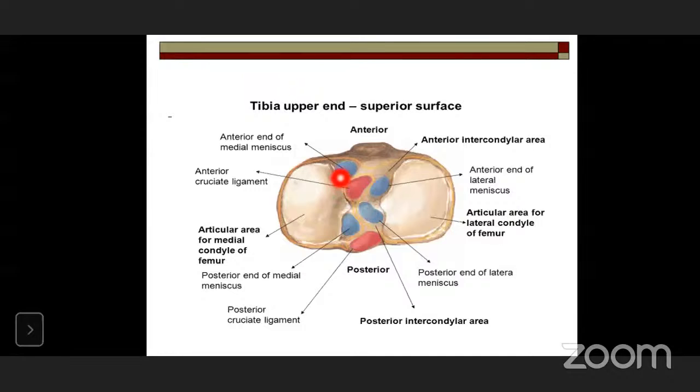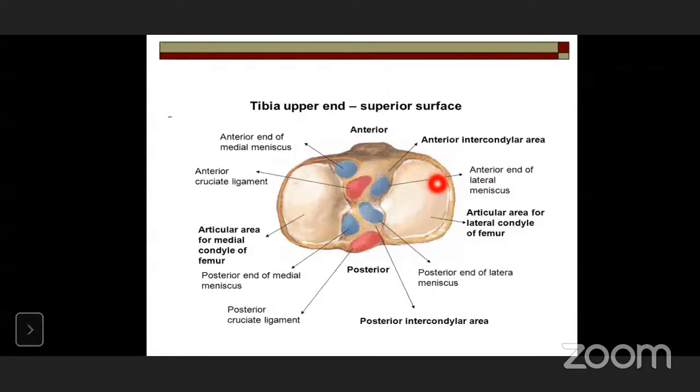In the anterior part there are three structures: first the anterior end of the medial meniscus, then in the middle the anterior cruciate ligament, then the anterior horn of the lateral meniscus. Then comes the posterior area: the posterior end of the lateral meniscus, the posterior end of the medial meniscus, then the posterior cruciate ligament.